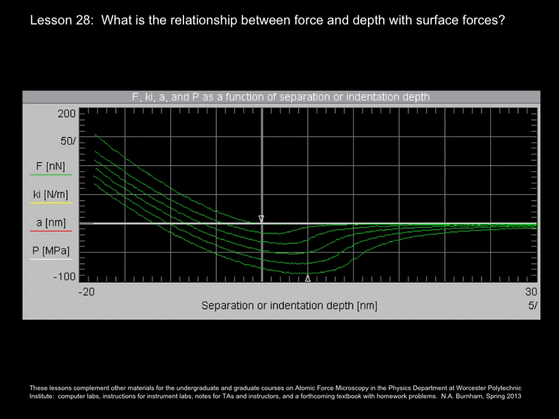Now here we have a set of curves that have different work of adhesion. You can see right away that the direction of higher work of adhesion is this way because the cantilever bends farther forward for the higher works of adhesion.